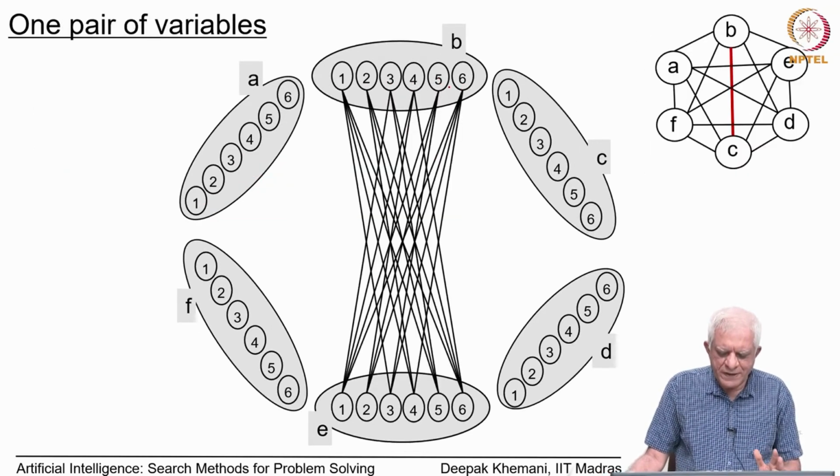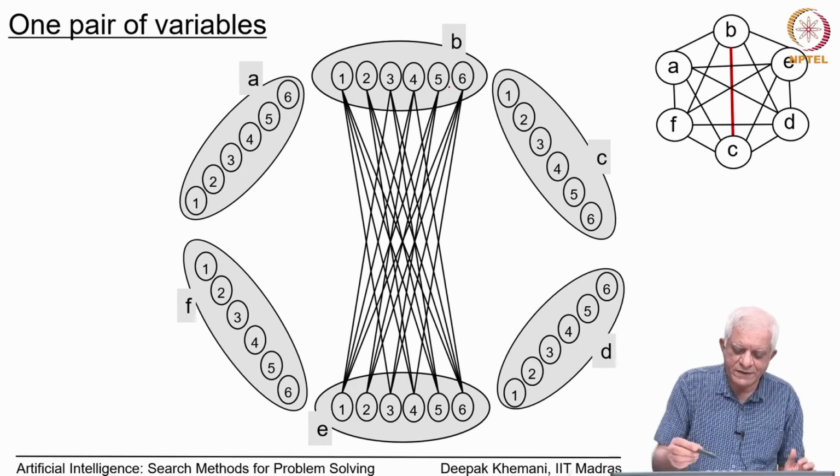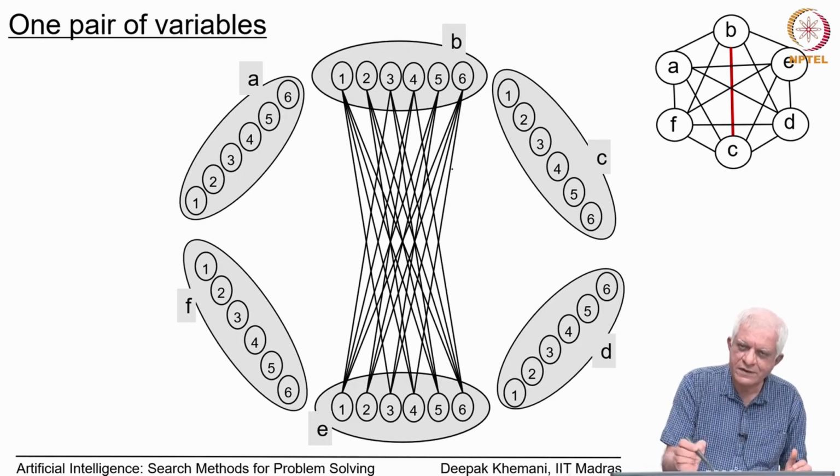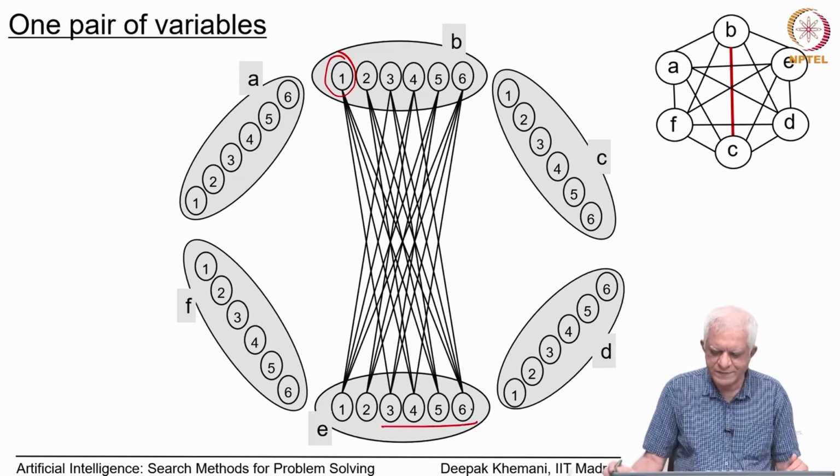So, if you look at a pair of variables, in this case B and C, then you can see that each of them has 3 or 4 partners on the other column. So, queen B, if it is on row 1, then it can be placed on 3, 4, 5, 6.